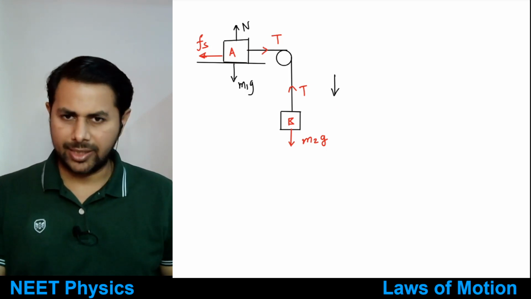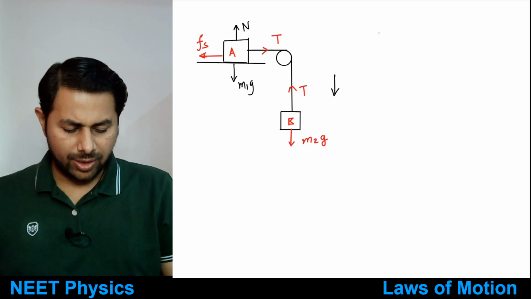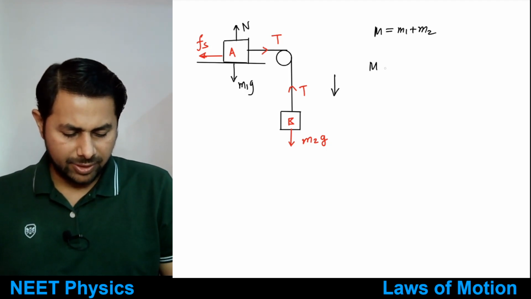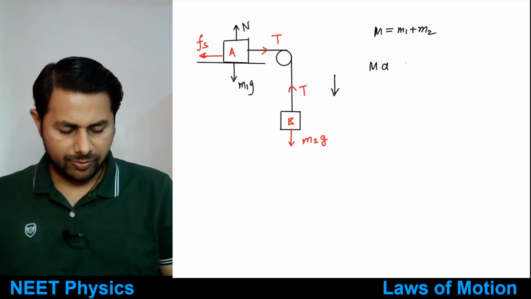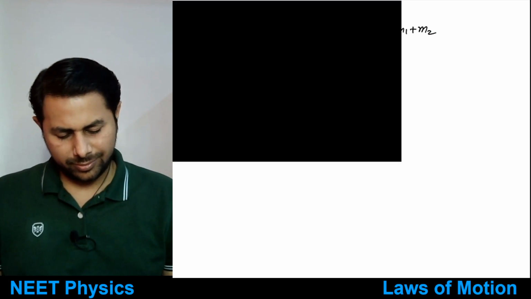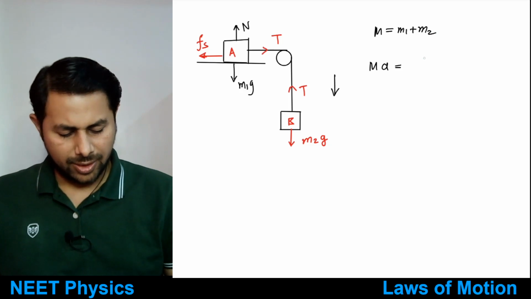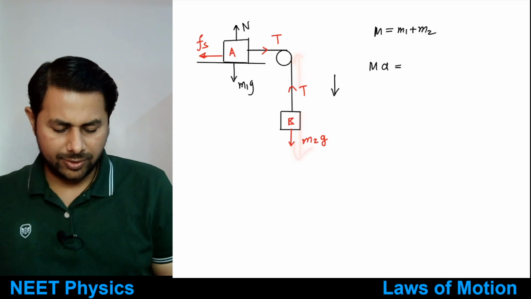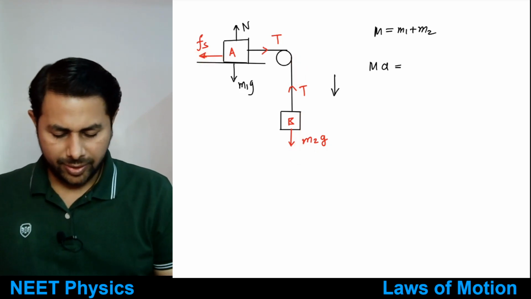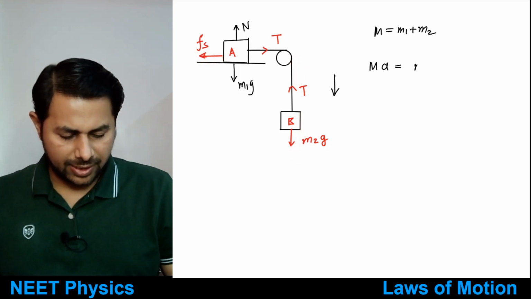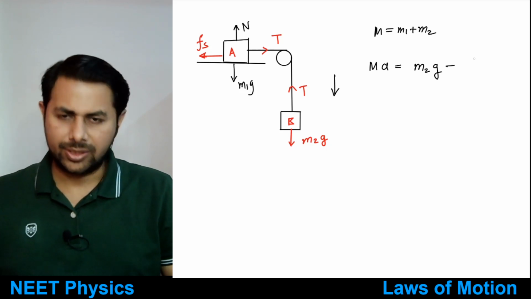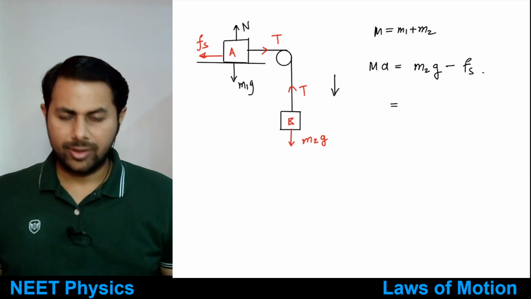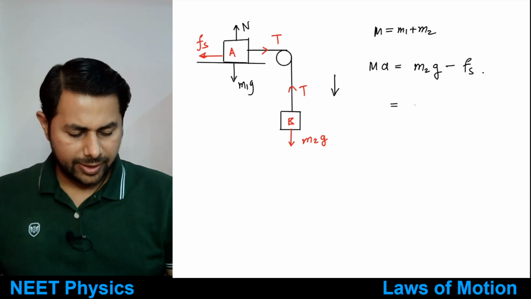It's not, but let's say. So the total mass is m, which is equal to m1 plus m2. So m times a is equal to the net force in this direction minus the net force in the other direction. The net force in this direction is m2g, minus the frictional force in the other direction.